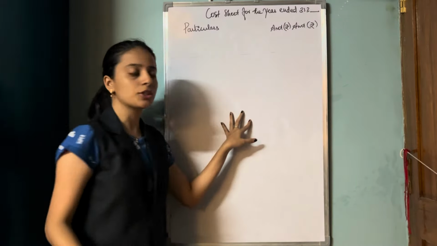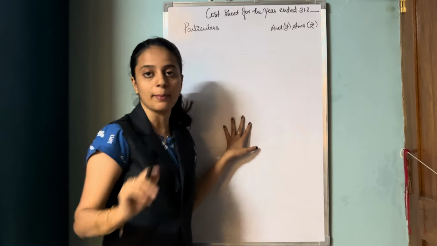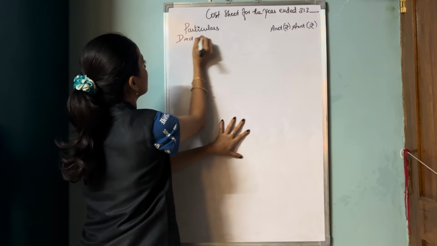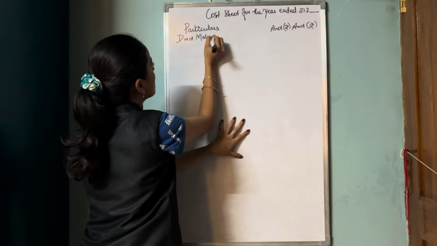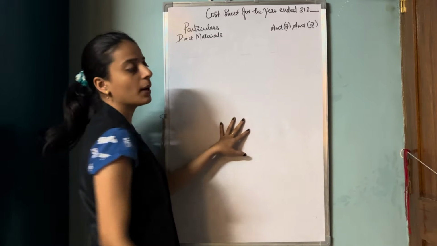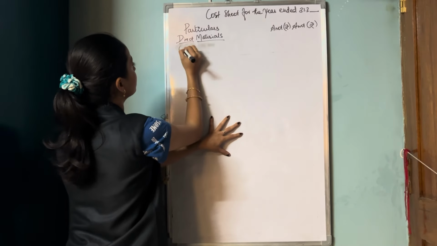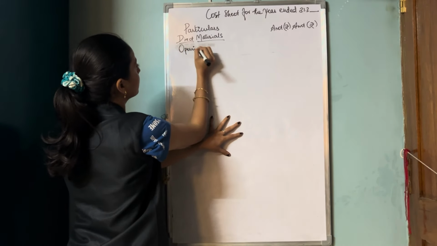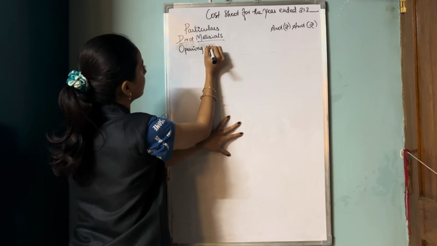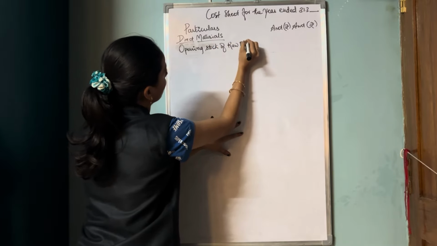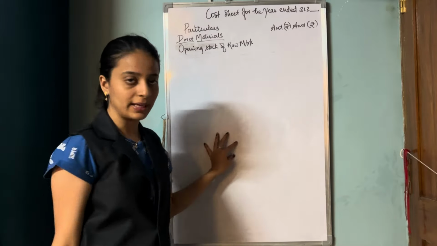Make sure you are showing the rupees symbol in the amount column, very important. First thing is direct materials. Under direct materials, the opening stock of raw materials will be given.